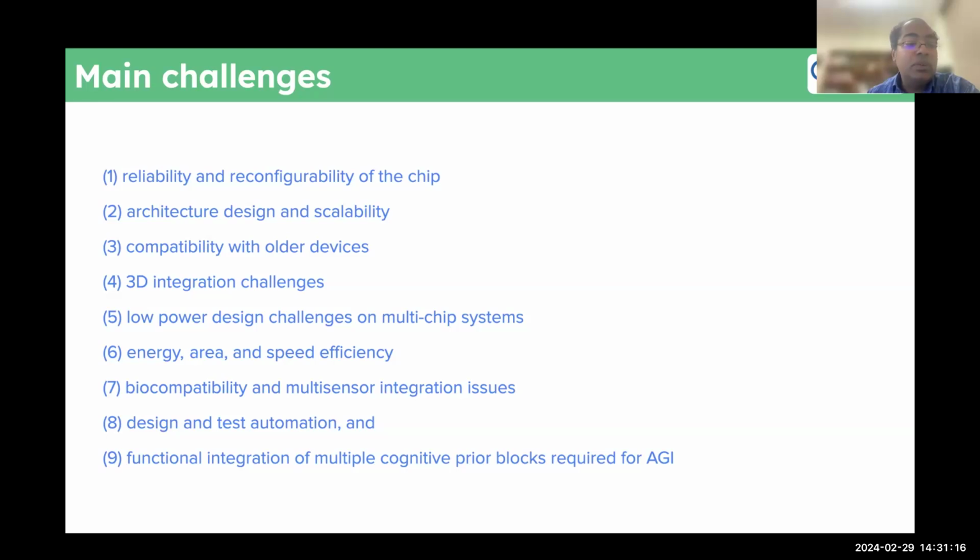And as and when we do that, we need to look at how do we pack more in a single chip. So 3D integration challenges of chiplets and all these kinds of systems become quite a bit of a challenge to look at. Energy, area, speed, efficiency, all of these are still some of the challenges as we go further.